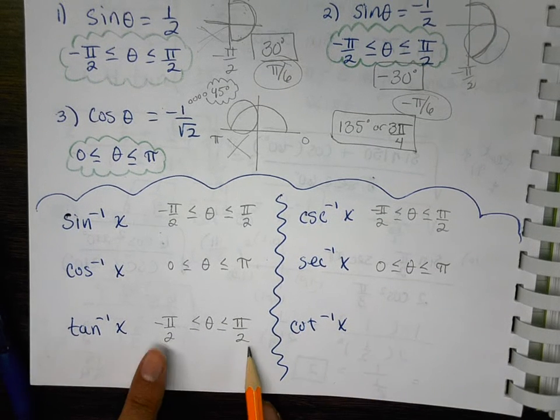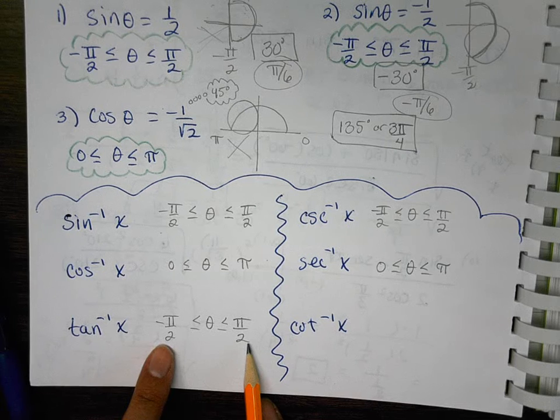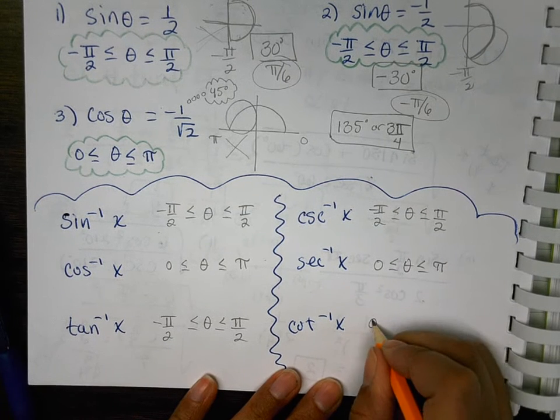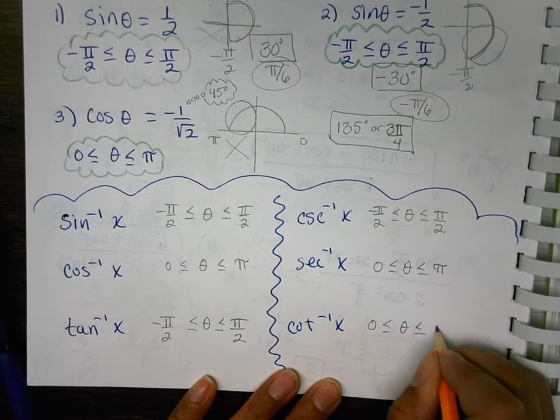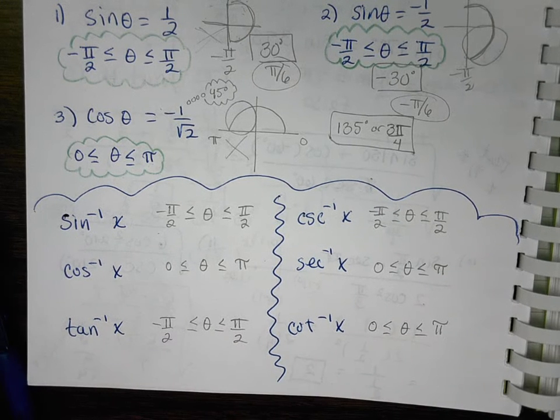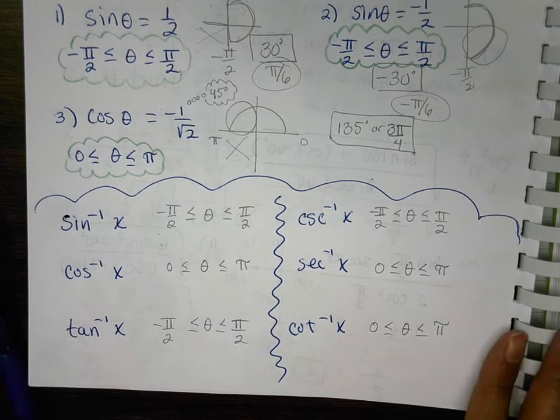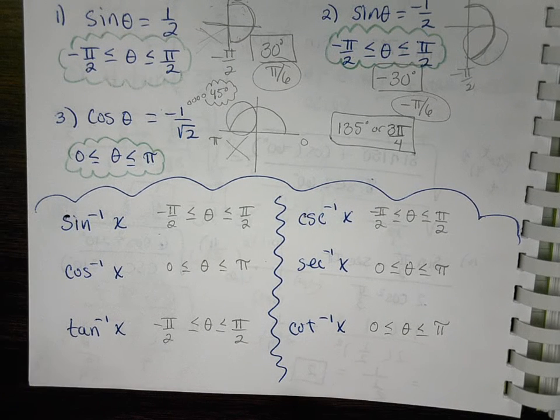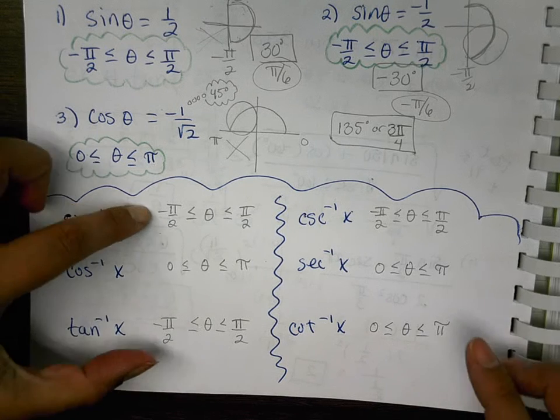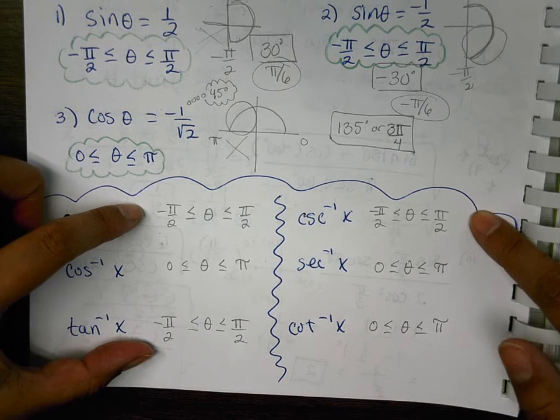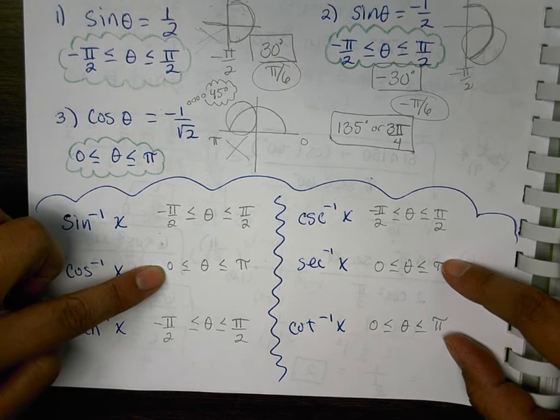If it's not between negative pi over 2 to pi over 2, it's going to be 0 to pi. All right, are you ready? Make sense? Okay, so there will always be 3 and 3. 1, 2, 3 between negative 90 and 90, and 1, 2, 3 between 0 and 180.